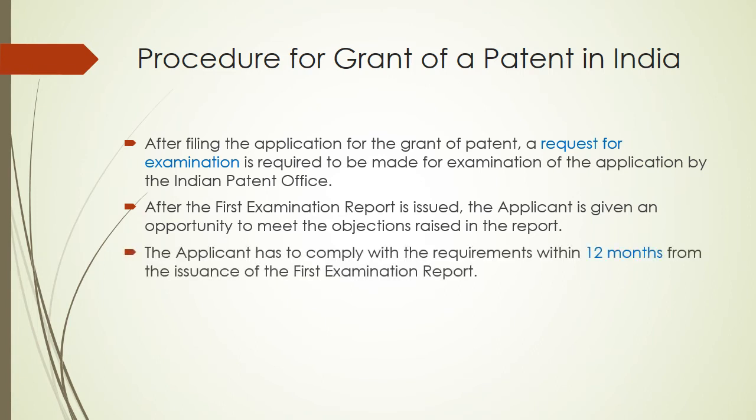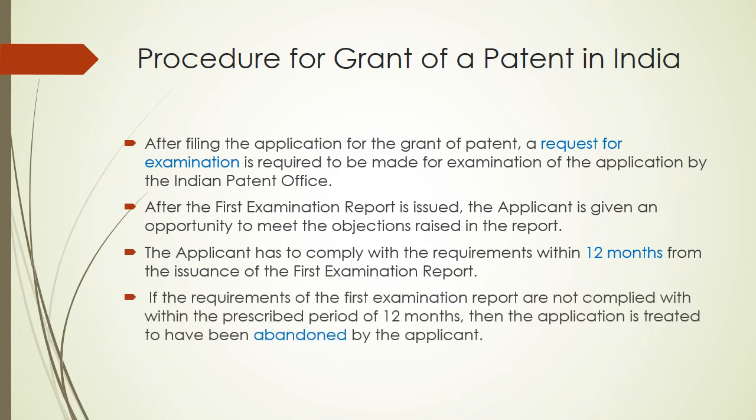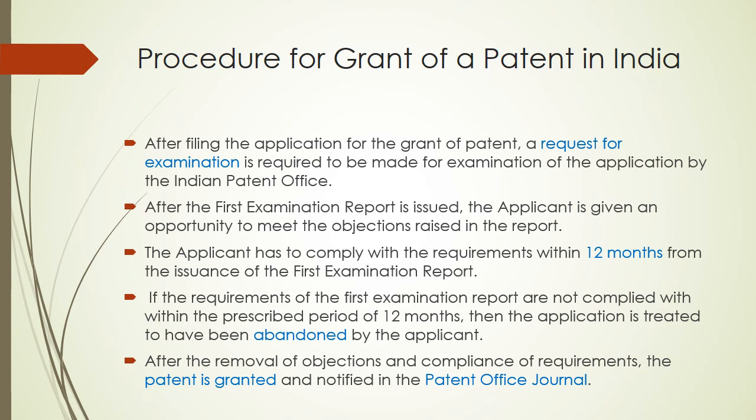The applicant has to comply with the requirements within 12 months from the issuance of the first examination report. Then, if the requirements of the first examination report are not complied with within the prescribed period of 12 months, the application is treated to have been abandoned by the applicant. After the removal of objections and compliance of requirements, the patent is granted and notified in the Patent Office Journal.